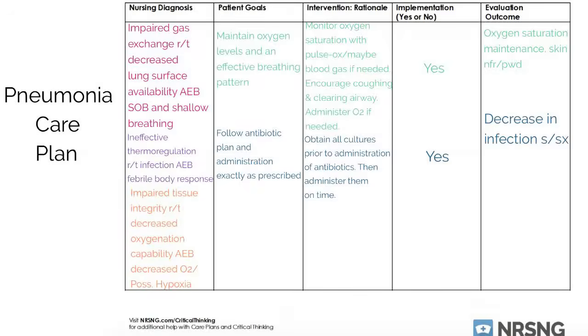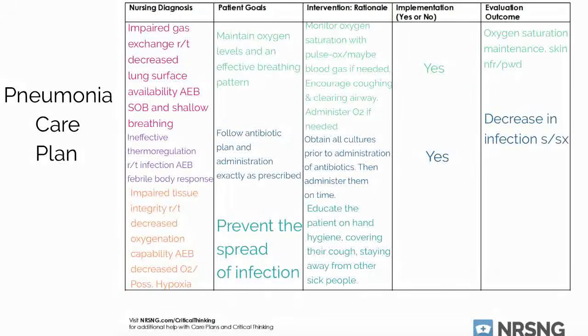The third patient goal is to prevent the spread of infection. We're going to do that through education, and this is like a strong suit for nursing. So hand hygiene.